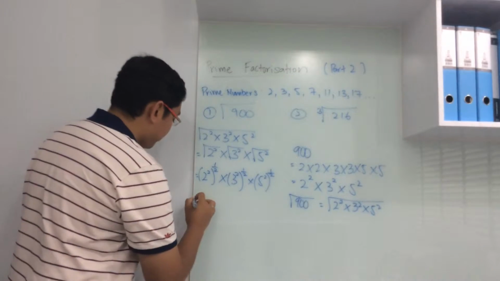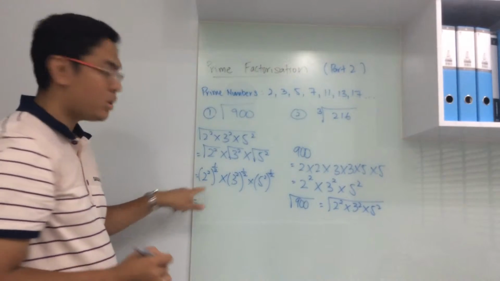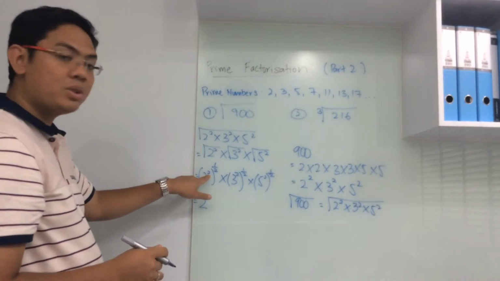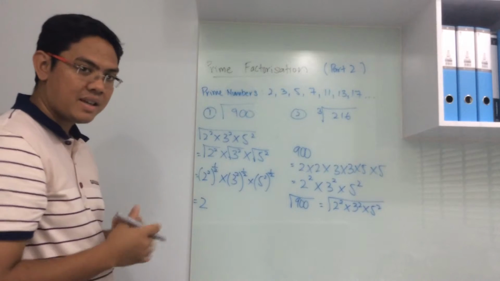Alright, next step, write down the base prime number, which is 2. So how do we solve power 2 with this index half? It's easy.